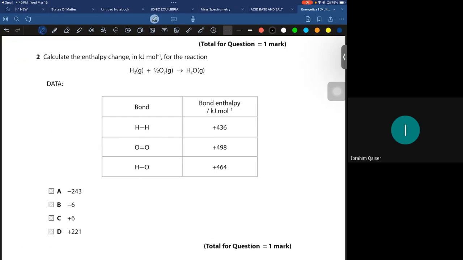This is H2, that is 436, plus 0.5 into 498, and then H2O means 464 into 2. What's the answer? Minus 243. Exactly. A is your correct option.